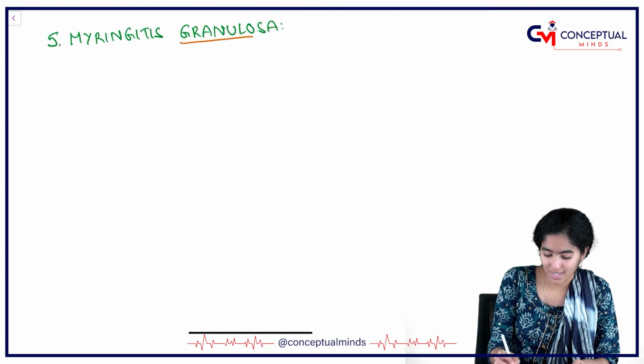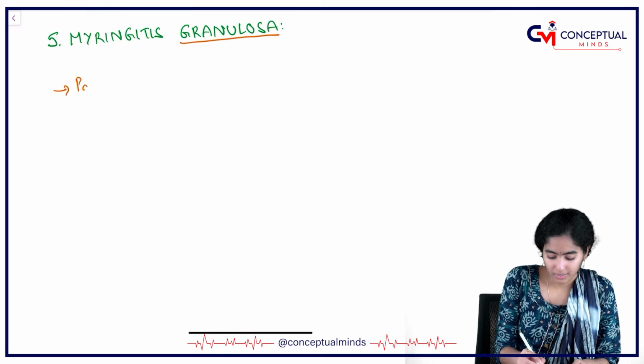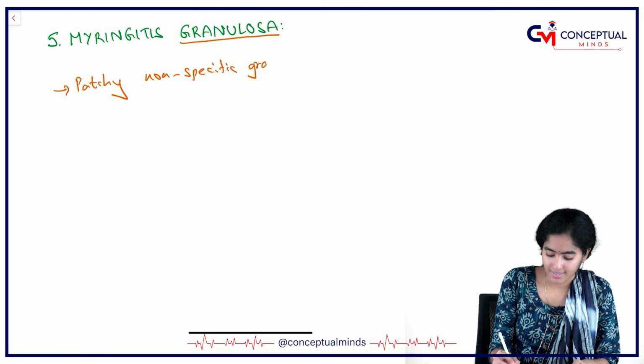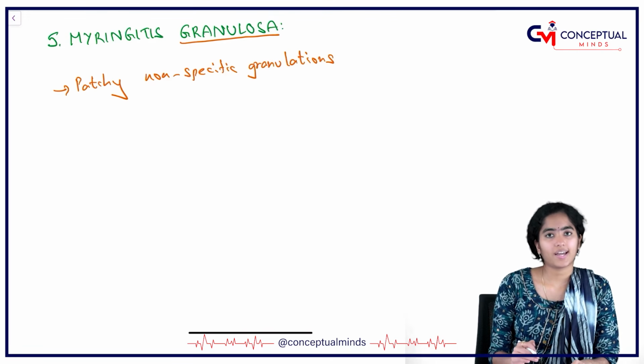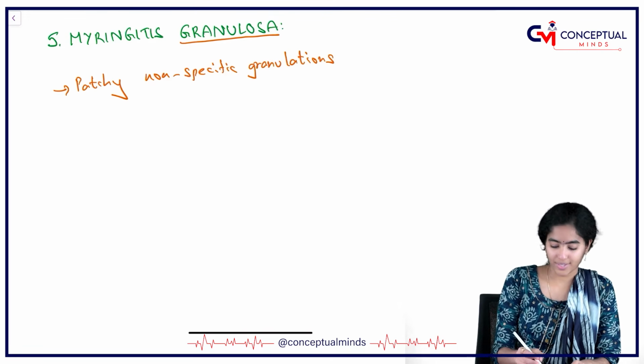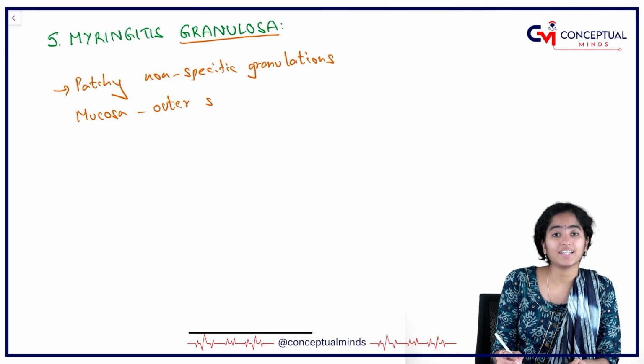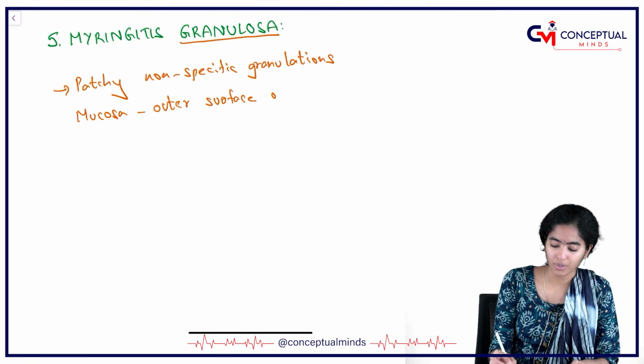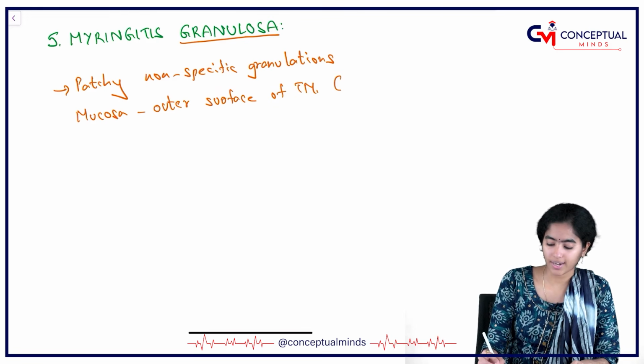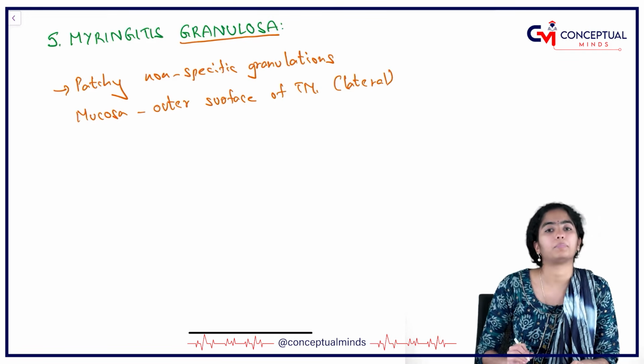Granulosa, as the name suggests, there are patchy, non-specific granulations, and also there is mucosalized epithelium on the lateral surface. Mucosa is present on the outer surface. Normally we find mucosa on the outer surface of tympanic membrane, that is on the lateral aspect of tympanic membrane.